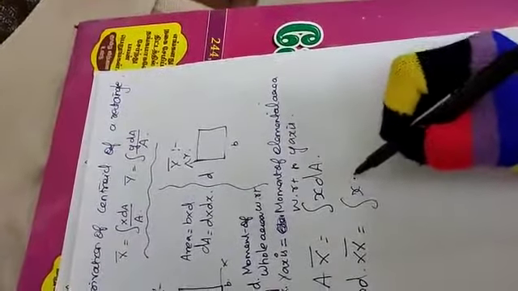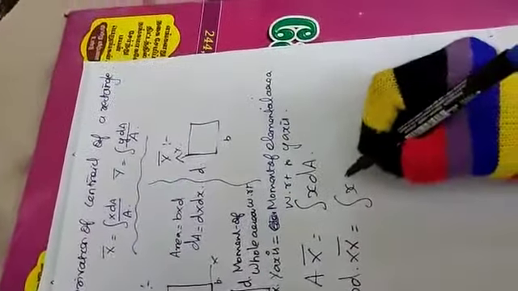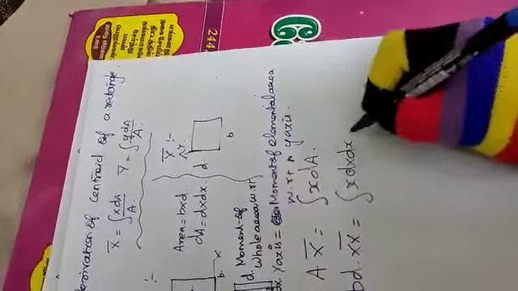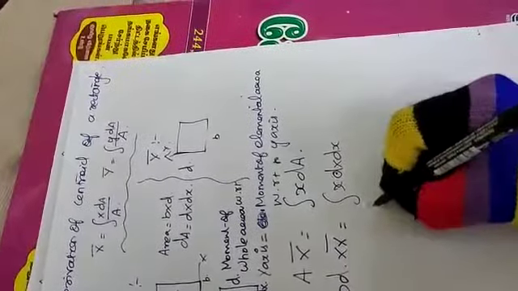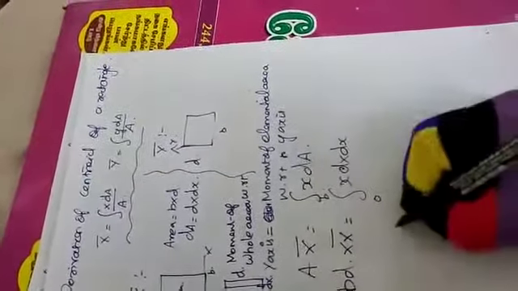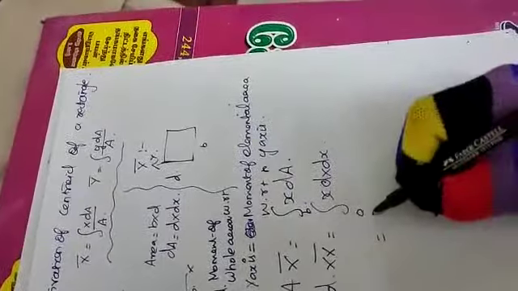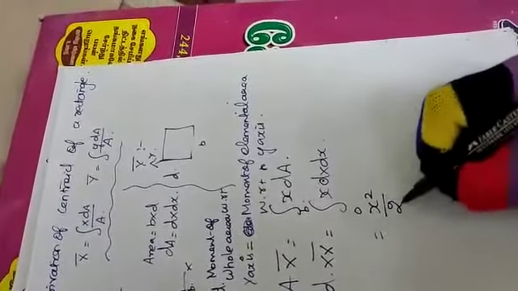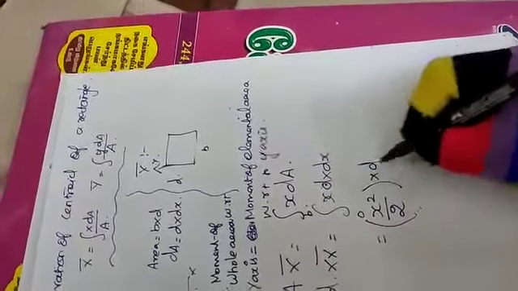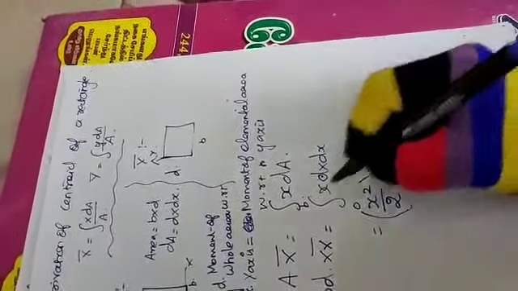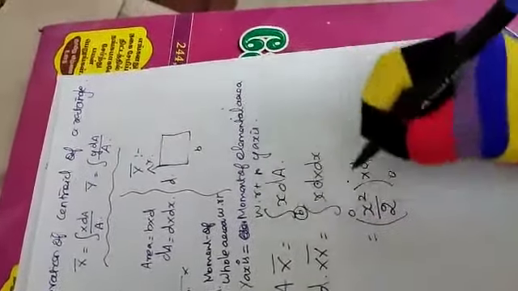x, and dA is d multiplied by dx. Can you tell me the limits? 0 to b. So the integral of x dx is x square by 2 multiplied by d, from 0 to b.